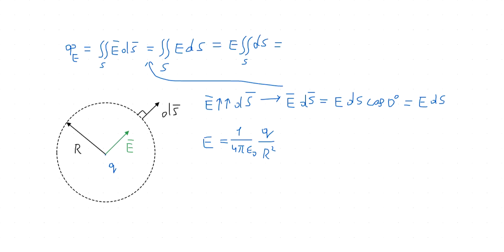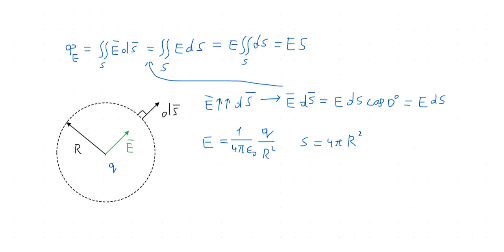So it will be the electric field intensity multiplied by the area of the sphere. But the area of a sphere with radius r is always equal to 4 pi r to the power of 2.